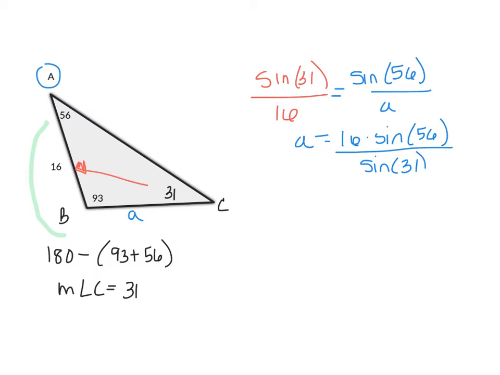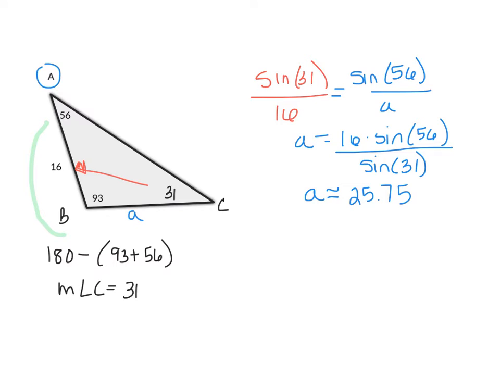Once we get the ratio completely solved for A, then we pick up our calculator, type this in, and get an answer of 25.75.